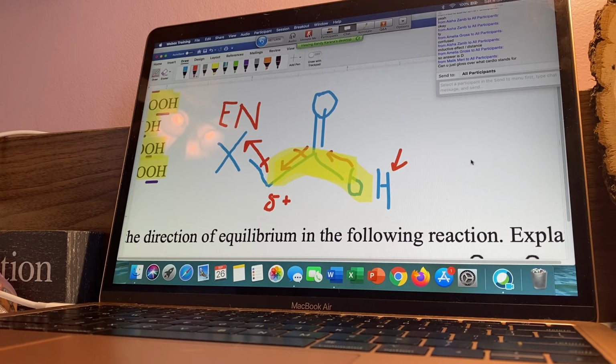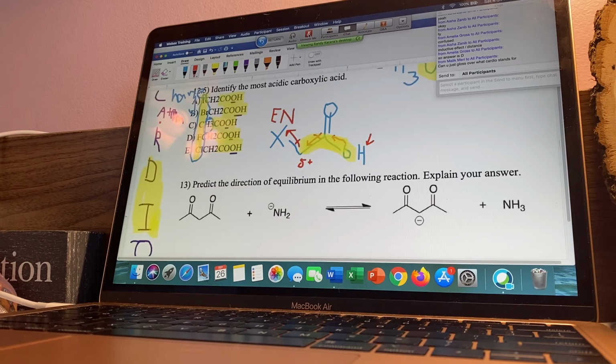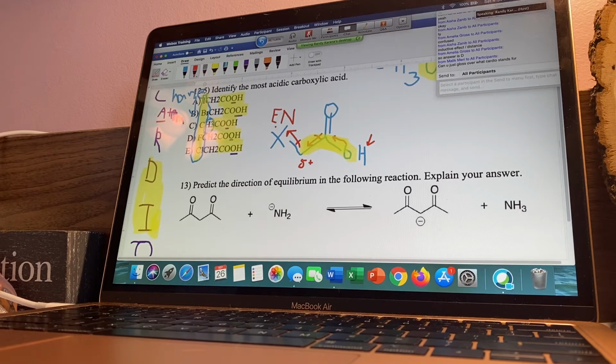Notice how when we talk about dipole induction, we only consider electronegativity. Only. When we talk about atom, on the other hand, we consider either electronegativity or size. Amelia brings up a good point.